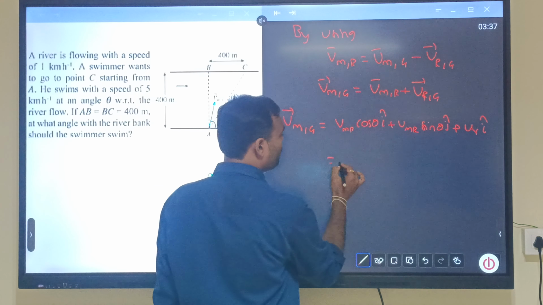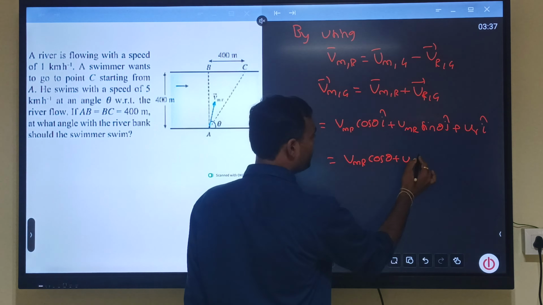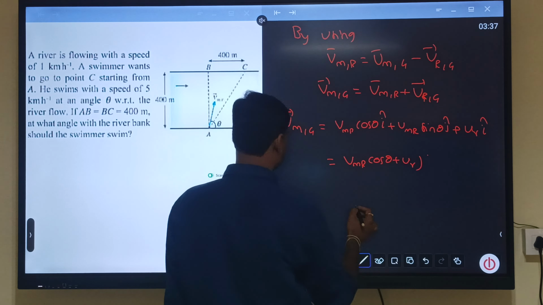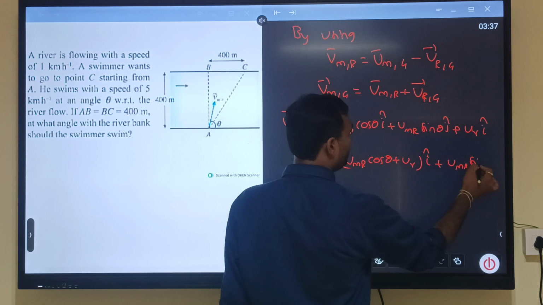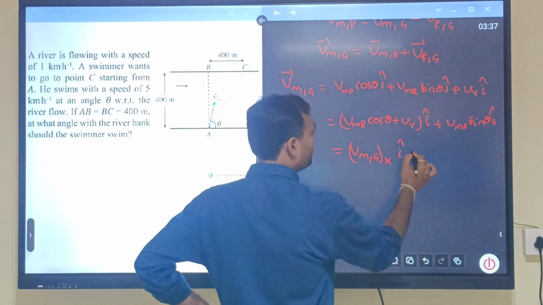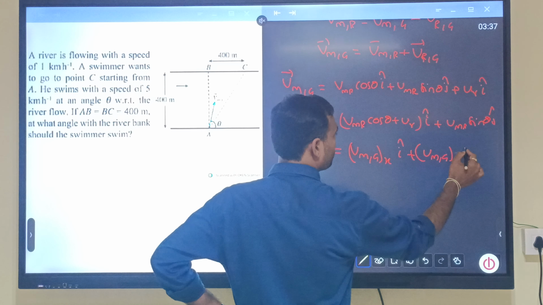Right? Now, Vmr cos theta plus Vr i plus Vmr sin theta j. Now, this will be the velocity of man with respect to ground on the x-axis plus the velocity of man with respect to ground on the y-axis, right?